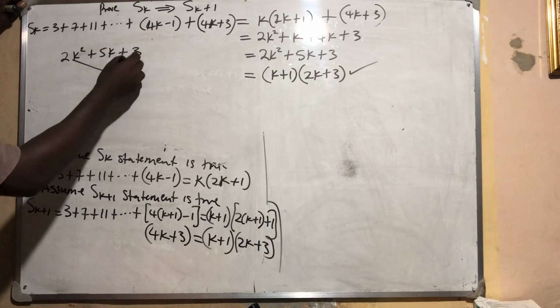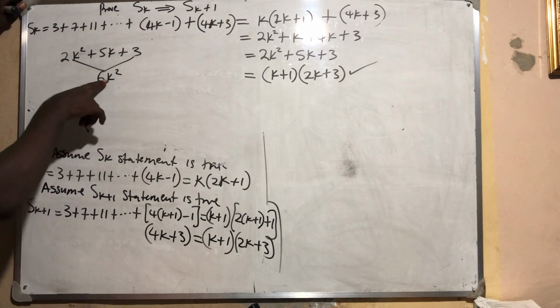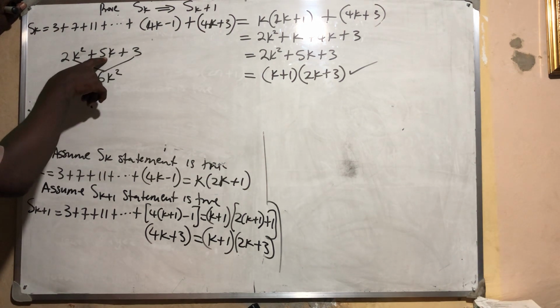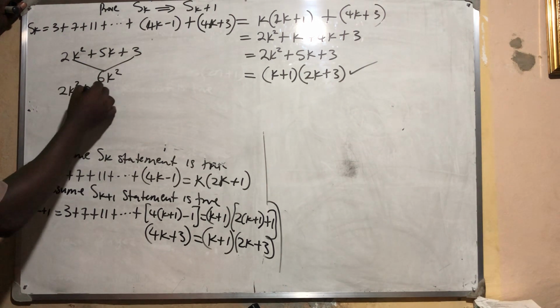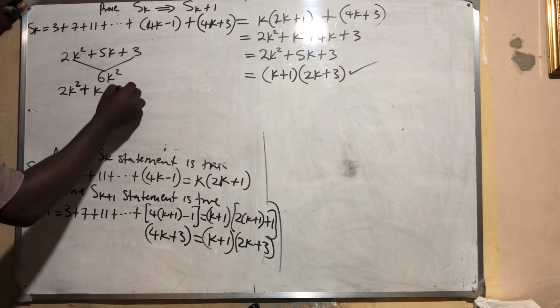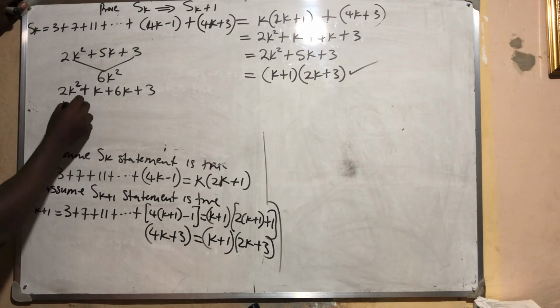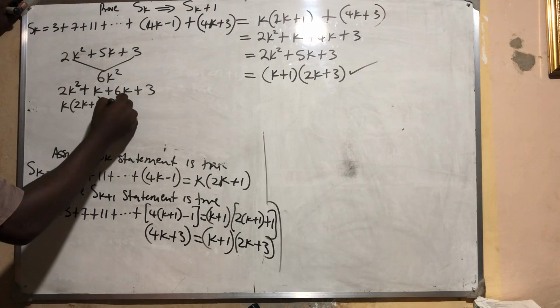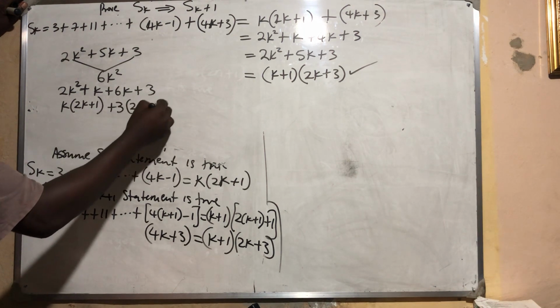In your secondary school, they'll tell you the first and the last, which is 6k squared. Two things that will replace this are 6 and 1. So I have 2k squared plus k plus 6k plus 3. What is common here is k into 2k plus 1. What is common here is 3 into 2k plus 1.